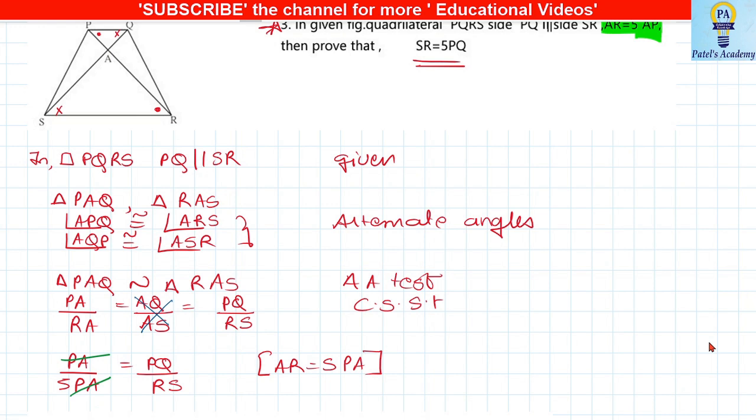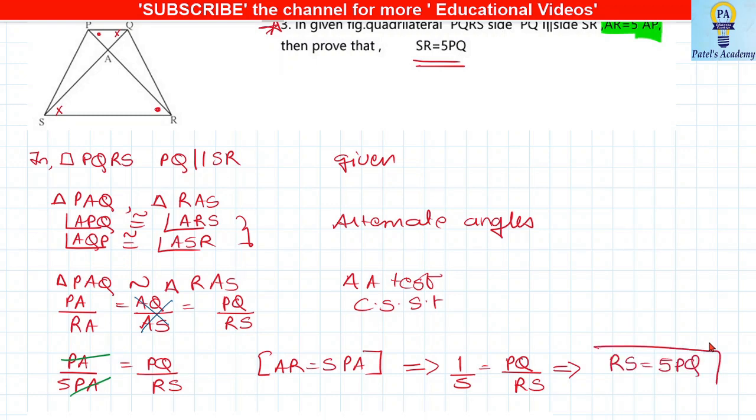Okay, so what I get is 1 upon 5 equals to PQ upon RS, and when I cross multiply, what I get, RS is 5 times PQ, and this is what we have to prove. Okay, so first we are proving the triangle similar by AA test, then taking the ratios of the sides, and then substituting what is given in the question.